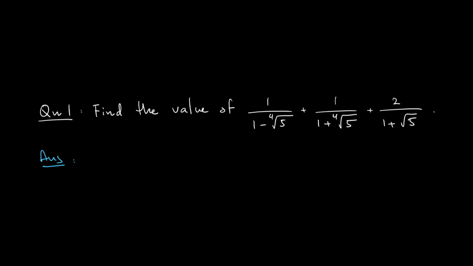Start with the first two fractions. Let me just rewrite the original expression. 1 plus 4th root of 5 plus 2 over 1 plus square root of 5.